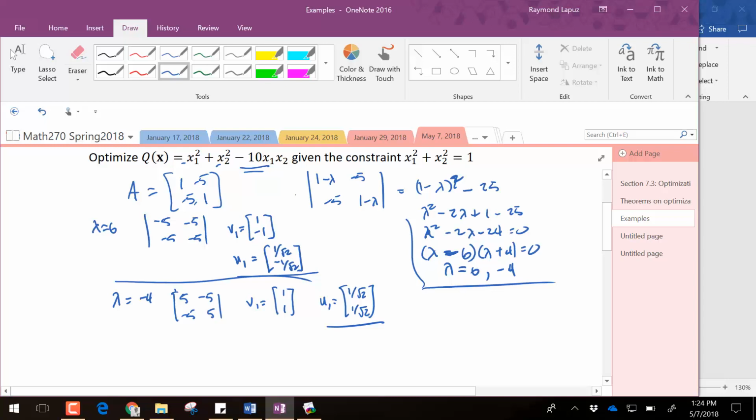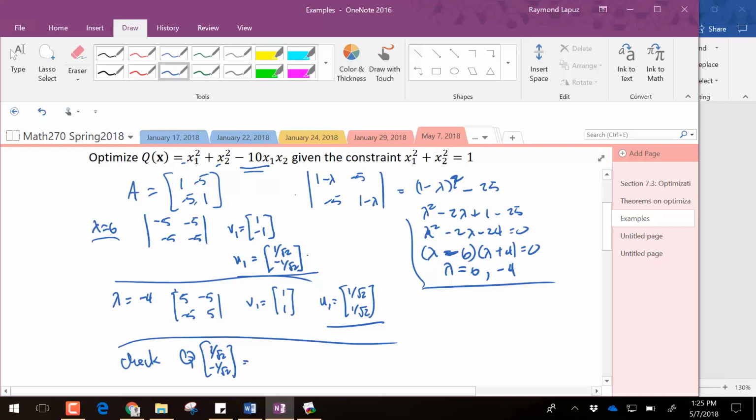So that means the maximum value you would get would be putting these values into, this is the larger number, right? So when you put these values back into the quadratic form, you're going to put 1 over root 2, negative 1 over root 2.